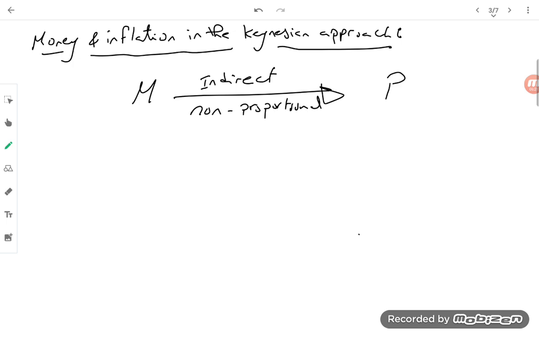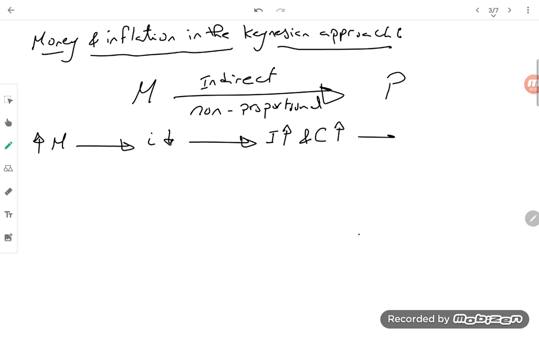So how does money affect price level? Let's start with increasing money supply. As the government increases money supply, interest rate is going to decrease. This will encourage investors to borrow money and to increase investment, and at the same time encourage consumers to consume more.